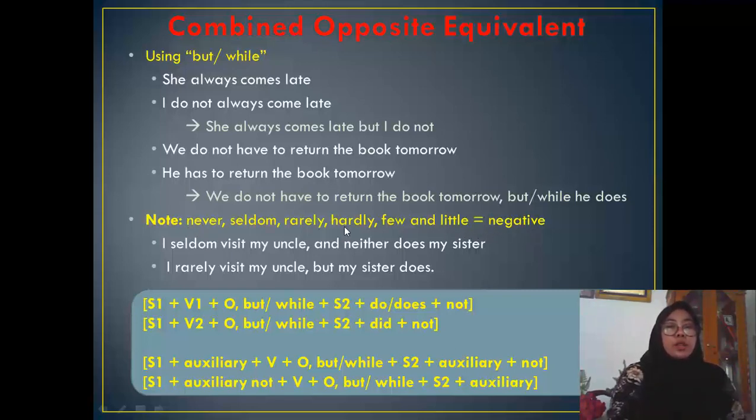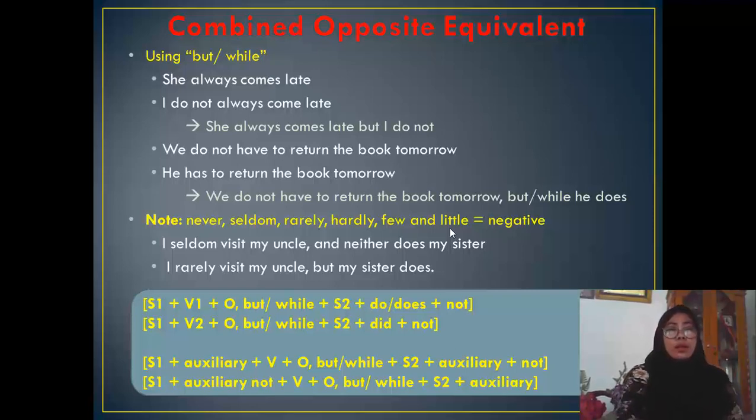If you see words, for example, like never, seldom, rarely, hardly, few, little, they can be identified as negative. Never, negative; seldom, negative; rarely, negative; hardly, few, little, negative. So for example, this one: I seldom visit my uncle and neither does my sister.